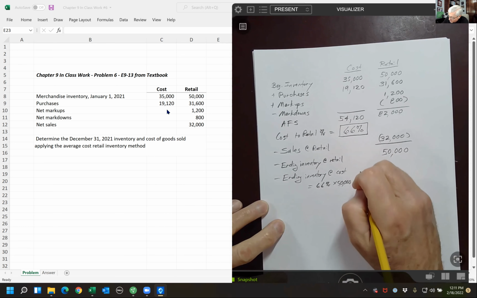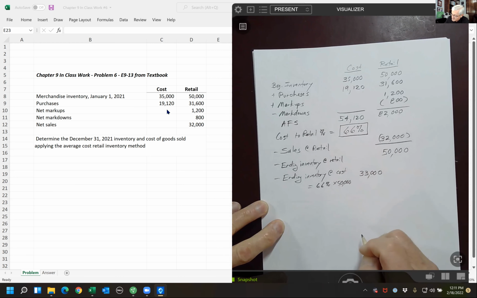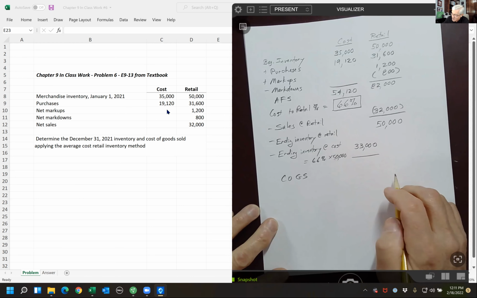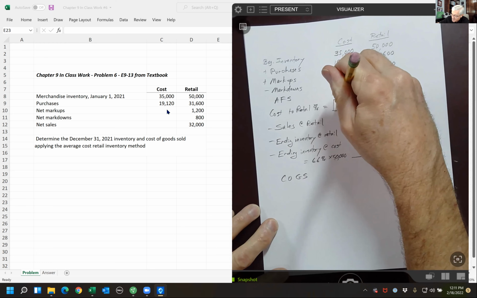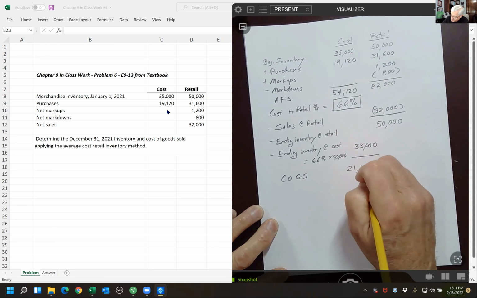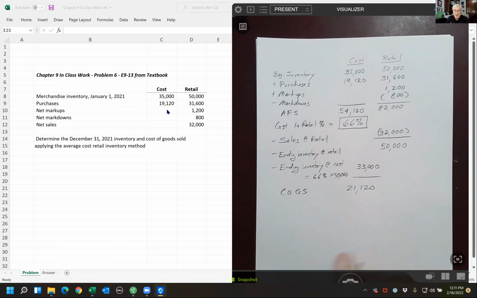What is that? 33,000. And now that I know ending inventory, I can calculate my cost of goods sold, which is 54,120 minus 33,000, 21,120. And there's your answer.